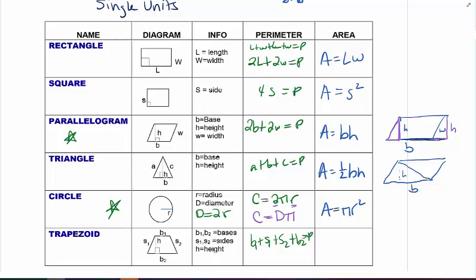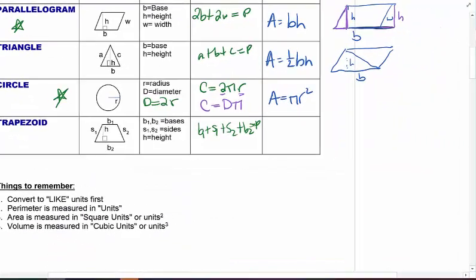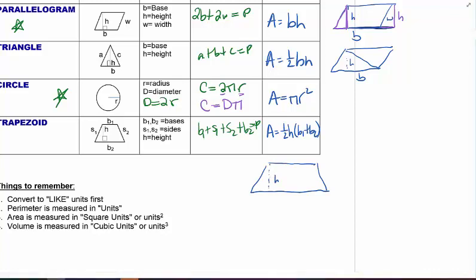Trapezoid is, again, one I'm going to define first, but then I'm going to show it to you, and I'm going to pull this up so it's a little easier for me to write. The area is 1/2 the height times (B1 plus B2). So I'm going to draw it over here so I can show you why this works. If you have a trapezoid, I can break this up into two triangles.